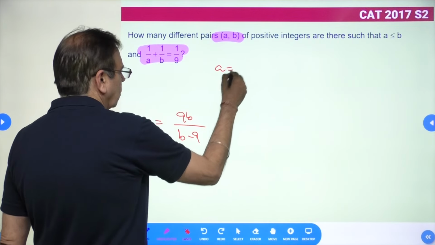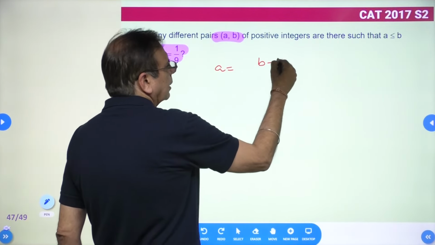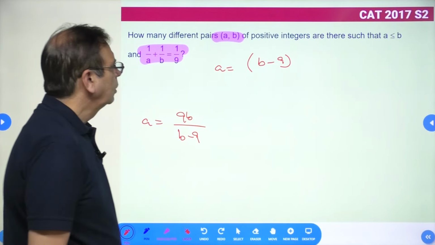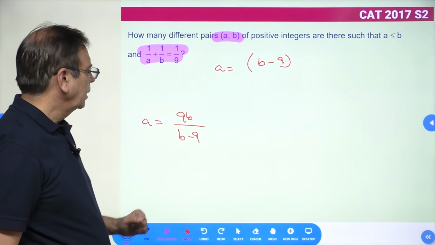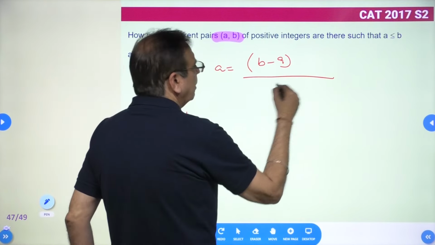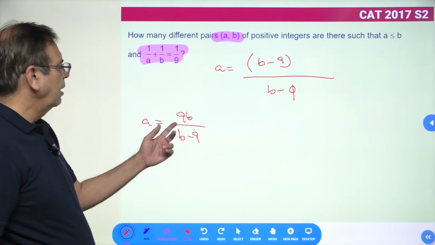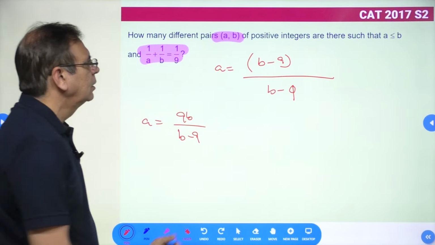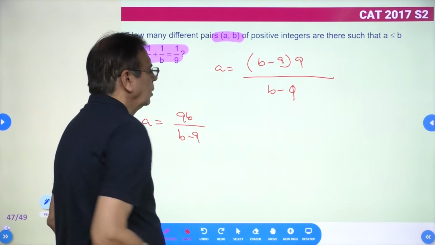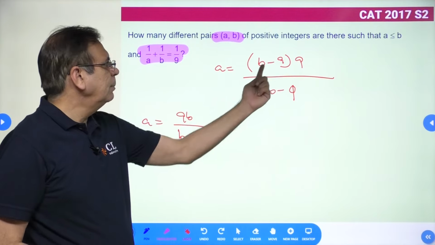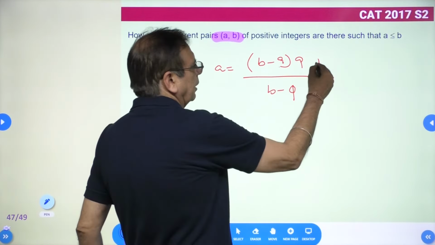So I can say A is equal to, if I put a B minus 9 in the numerator, the denominator will be B minus 9. I need 9B, so multiply with 9. So B minus 9 into 9 gives 9B minus 81, so plus 81.